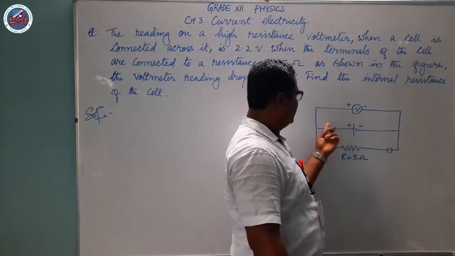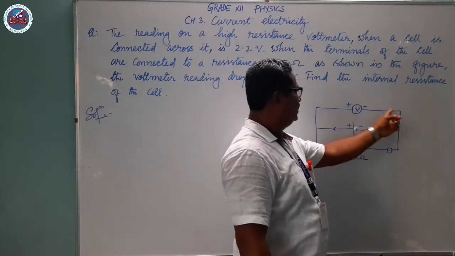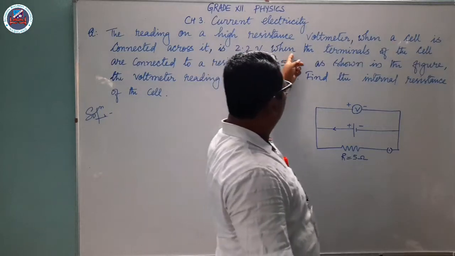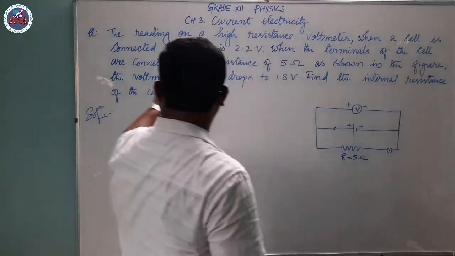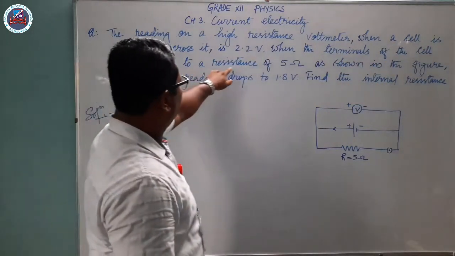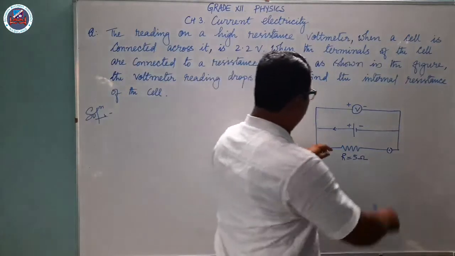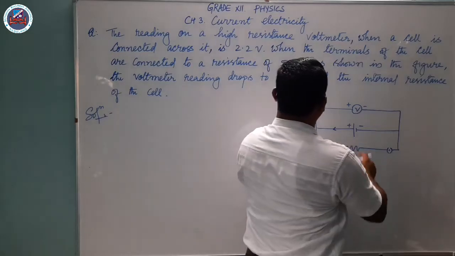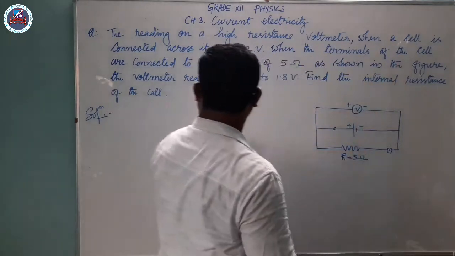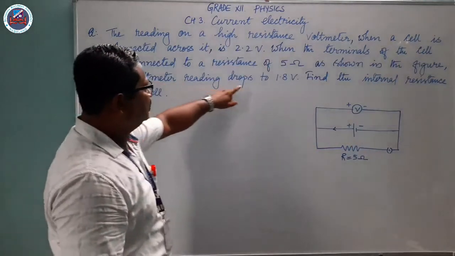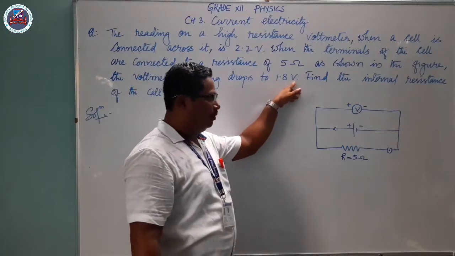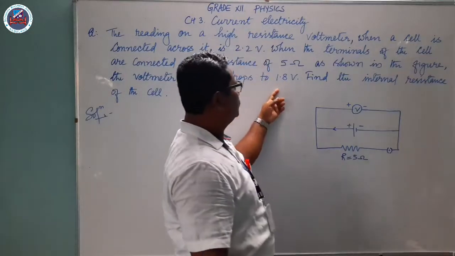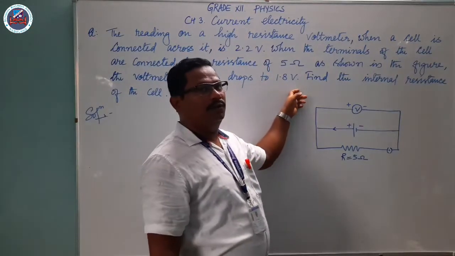When the terminals of the cell are connected to a resistance of 5 ohm, as shown, the voltmeter reading drops to 1.8 volt. As soon as this resistance is connected, the voltmeter drops to 1.8 volt.